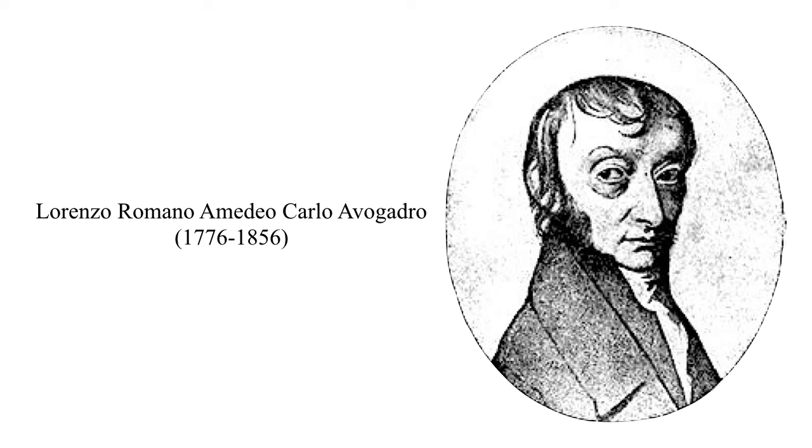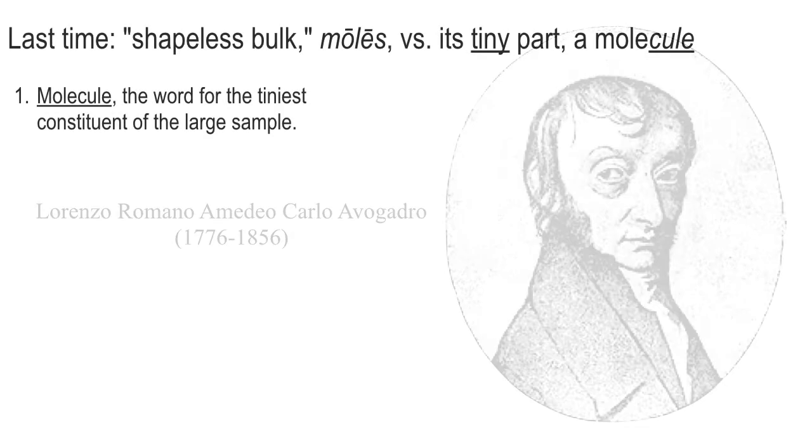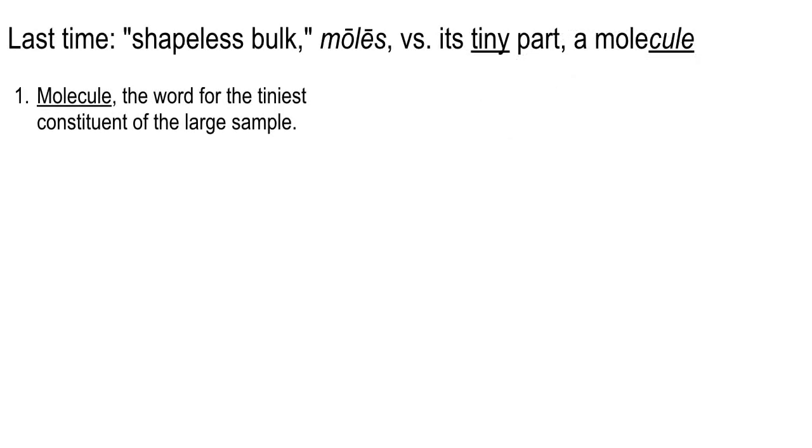Came from a family of mostly lawyers, jurists in Italy, roughly 200 and something years ago. And in 1811, he made a famous hypothesis concerning molecules. So let's review some of the ideas of the molecule versus the mole, the shapeless bulk.